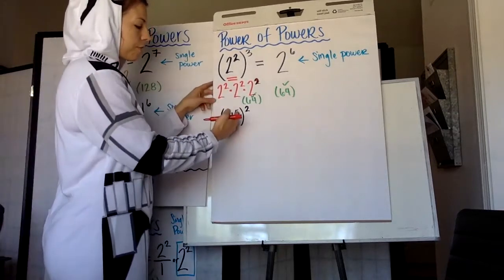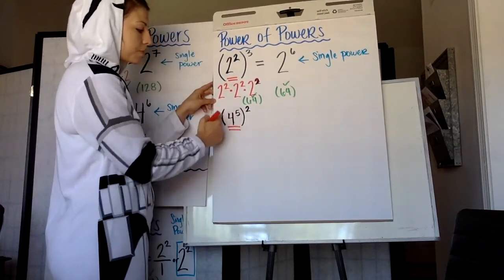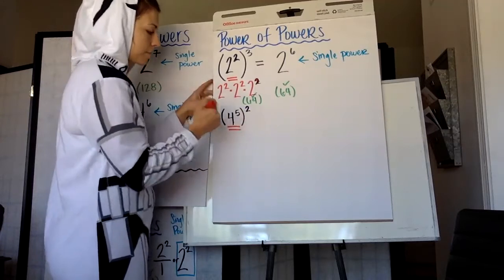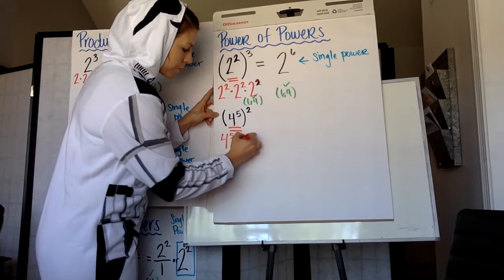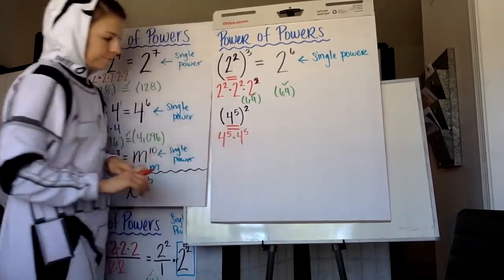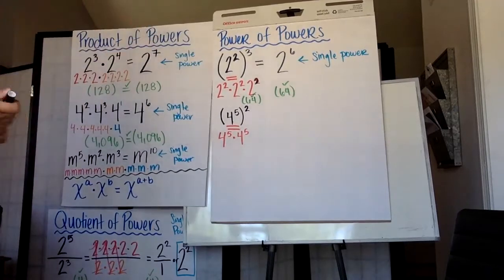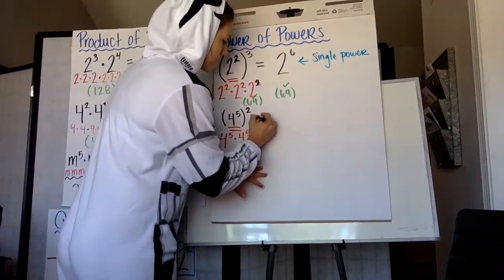So 4 to the power of 5 to the power of 2. This is your base. So I'm basically multiplying 4 to the power of 5 by itself 2 times. That's 4 to the power of 5 times 4 to the power of 5. And then from there, we can use our product of powers again, because I've taken my power and written it as a product.